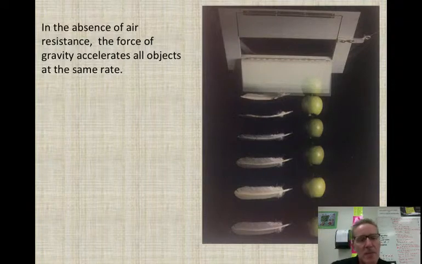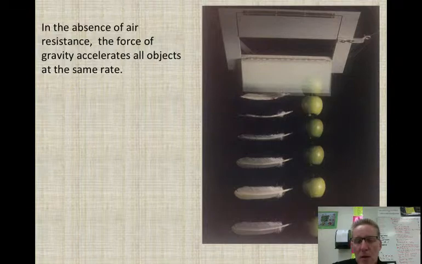Earlier I said that in the absence of air resistance, objects are always going to accelerate at the same rate. This picture shows how this is happening. We have a feather and what looks to be an apple. This picture is multiple images taken over the same time frames.